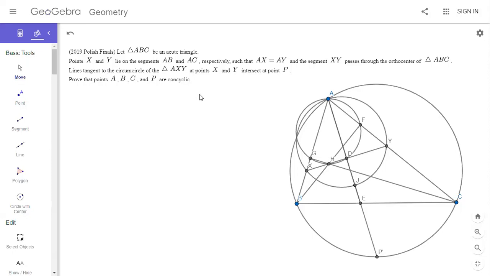I thought I had this, but I'm a little confused. So I wanted to show angle BXP prime is equal to angle AXY, right?